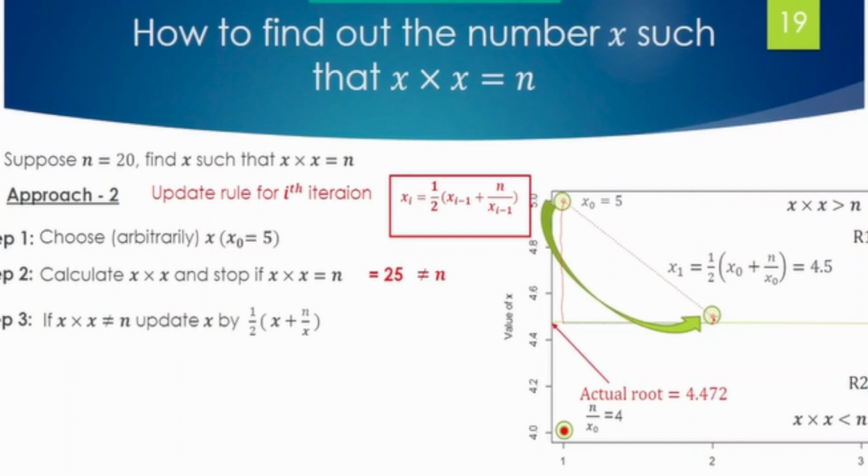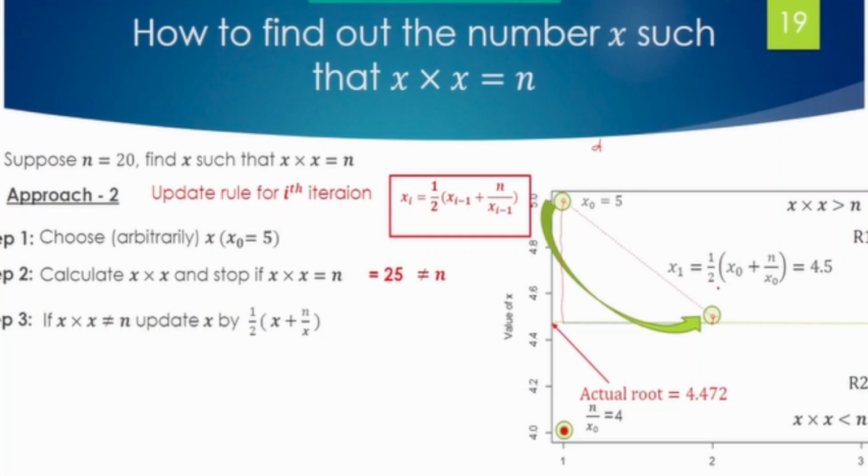So the error is also getting reduced. If you remember, in approach 1 also it happened, but not in that much faster a way. It was a little slower because every time you are reducing by a constant amount d. Here you are jumping towards the actual root. So this method is much faster.